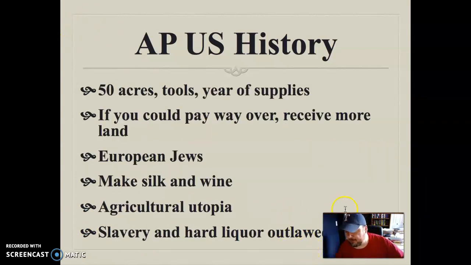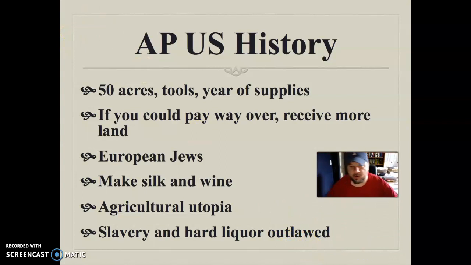Now, how they were going to attract that worthy poor was, if you agreed to go to Georgia, you were going to get 50 acres, tools, and a year's worth of supplies in order to tend your land. And really what England was hoping for is those people would be able to make silk and wine that they could ship back to England. That meant England didn't have to buy their silk and wine from other people.